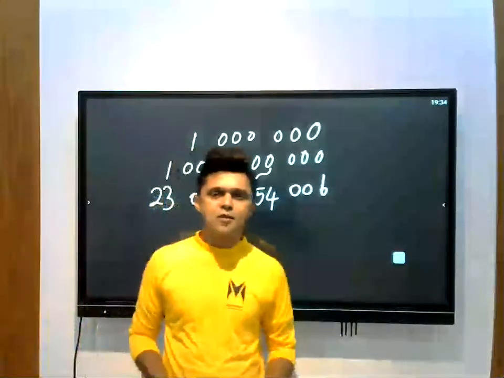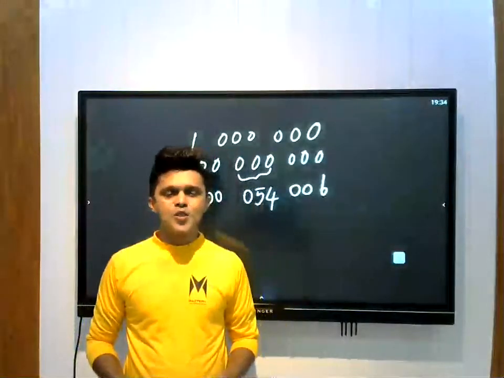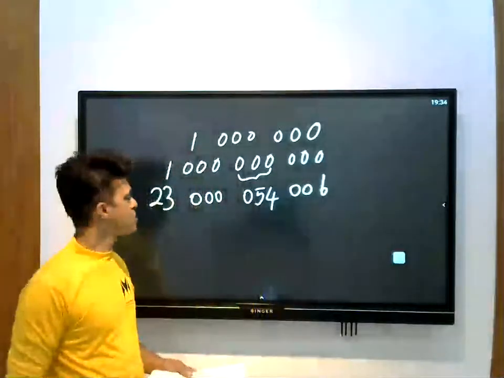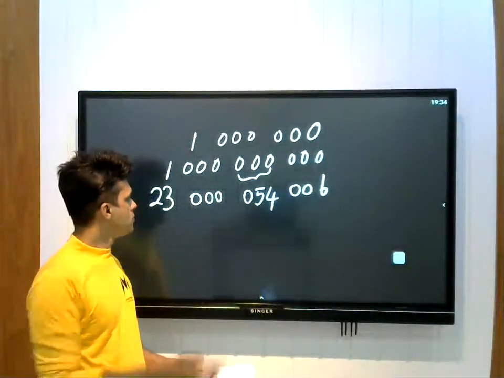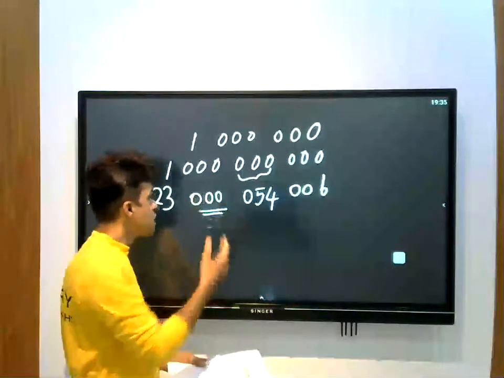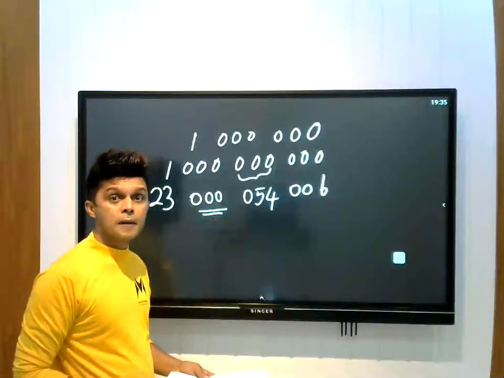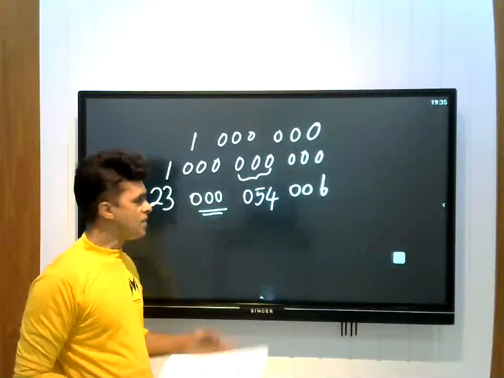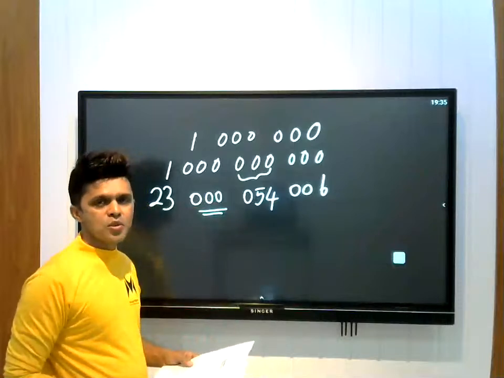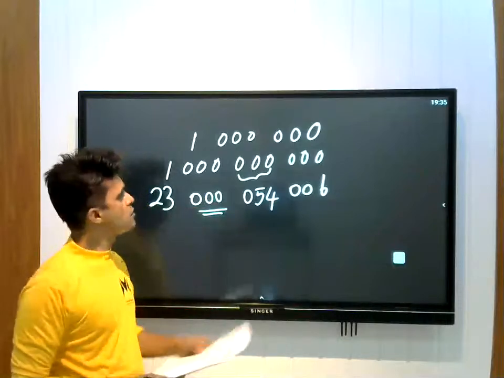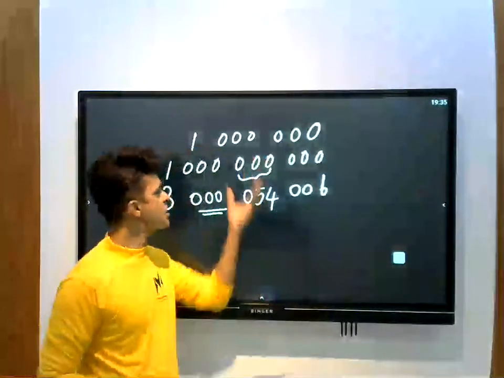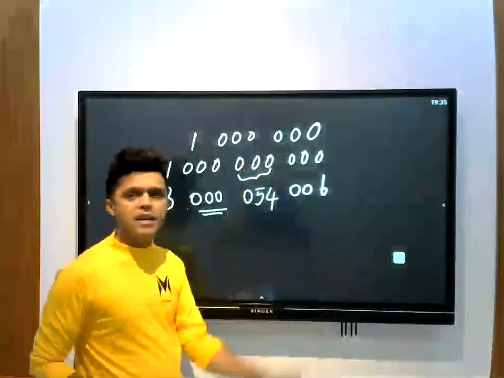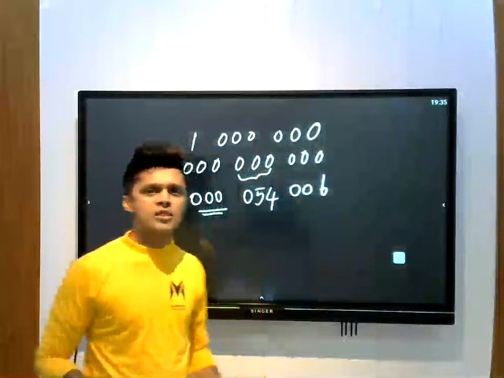I do believe that you will see this type of question in your test paper. Writing these three zeros in this zone is essential, otherwise the answer is wrong. When it comes to 1 million, how many zeros can be seen? 6 zeros.